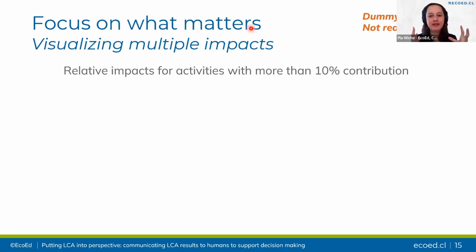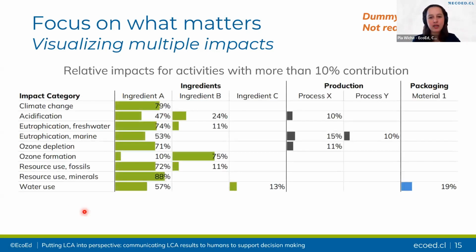However, for the client, it's not really useful. We tend to focus on showing impacts that give at least 10% of the contribution to any impact category. And we do that using a mix of a table and a graph. So here's an example: relative impacts for activities with more than 10% of contribution.